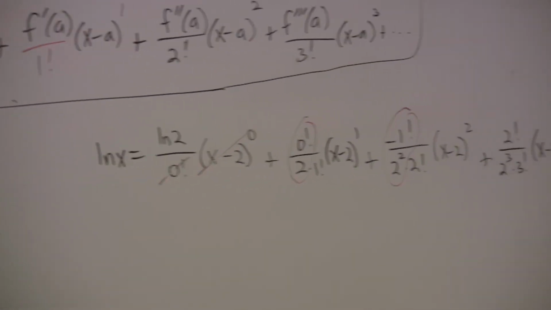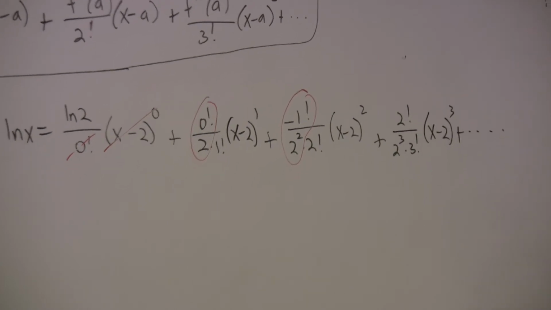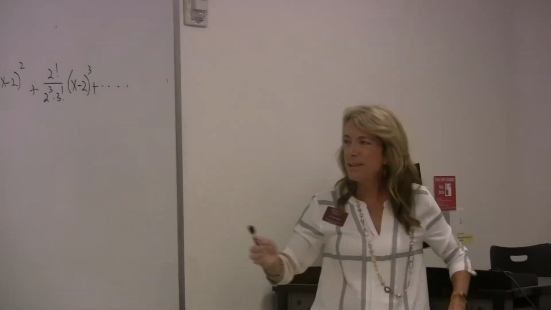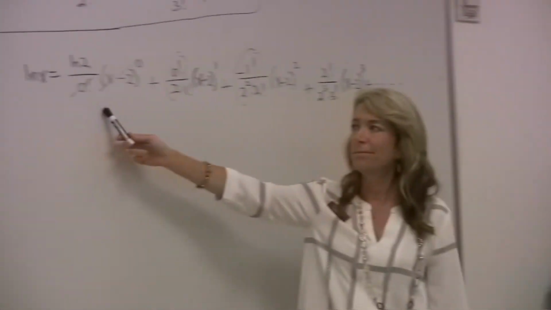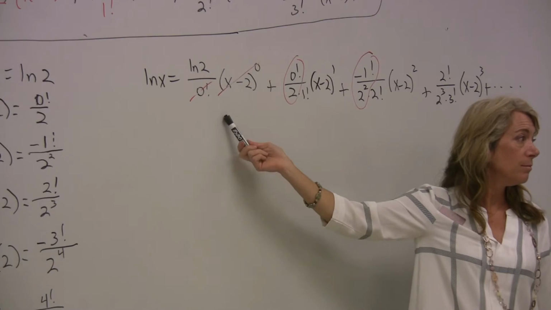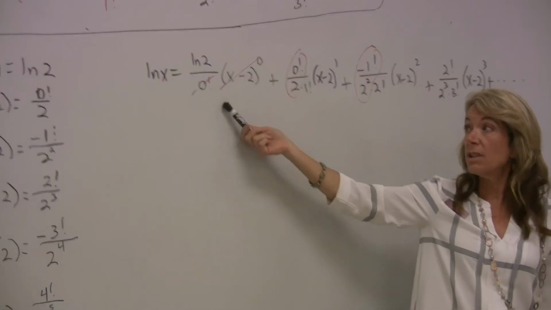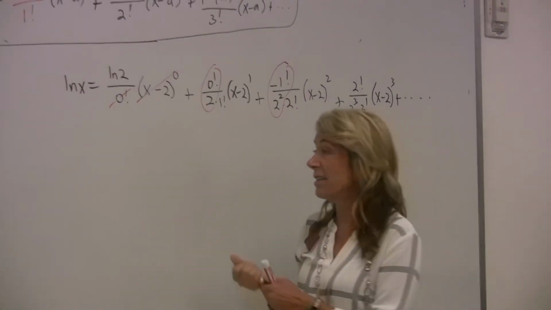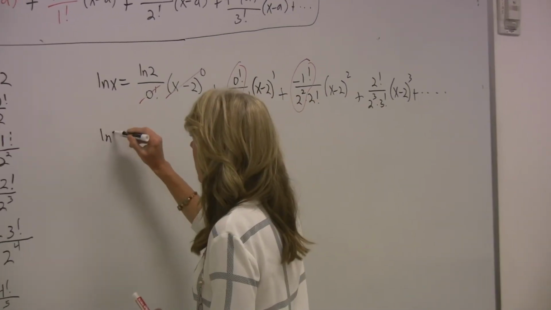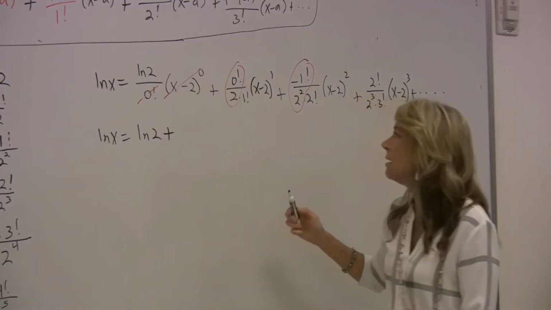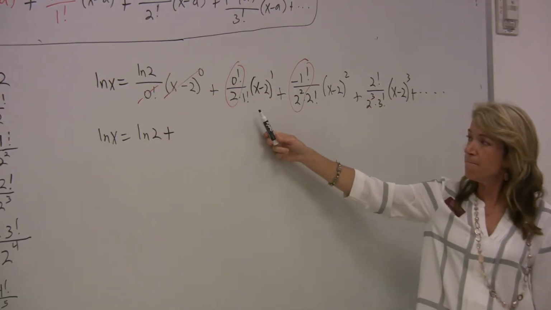So let's see if we can simplify those at all. What does this simplify to? 0. It's not 0. What does it simplify to? Just ln of 2. Not much I can do with that. Ln of x equals ln of 2 plus, now what happens here?